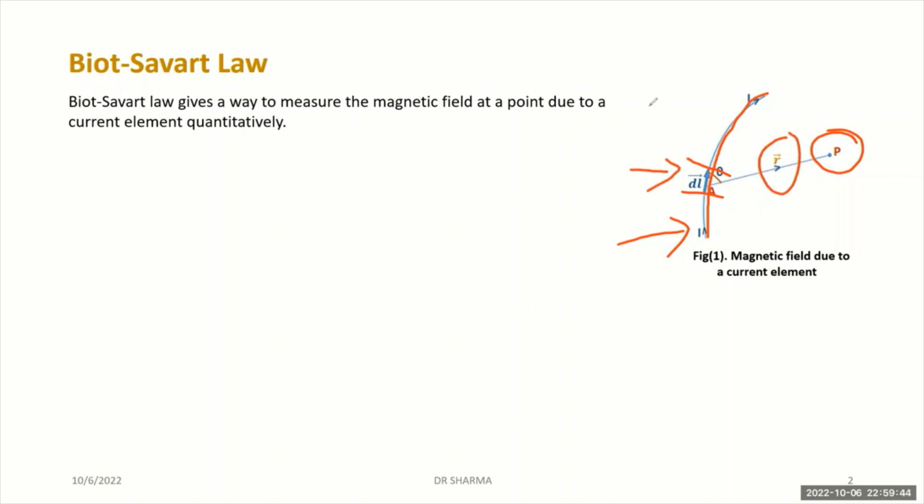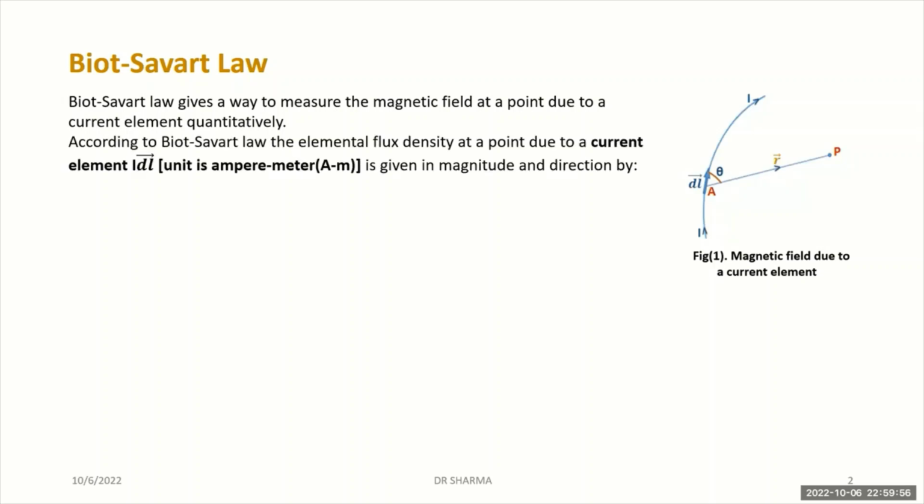The elemental flux density at any point due to that current element is given in magnitude and direction, meaning in vector form.